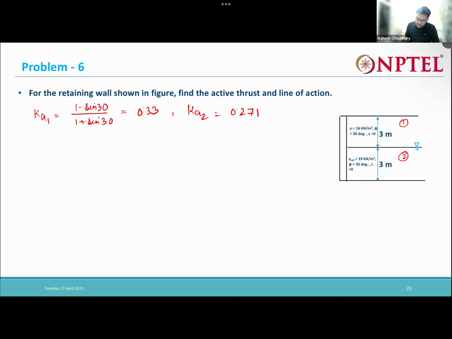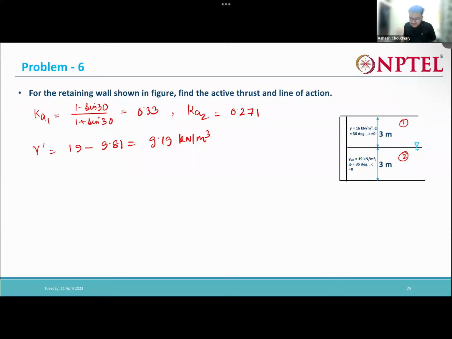Now for the lower layer, saturated is given as 19. So let us find the submerged: 19 minus 9.81, that is 9.19.